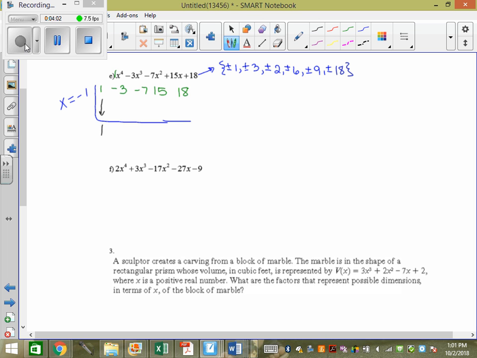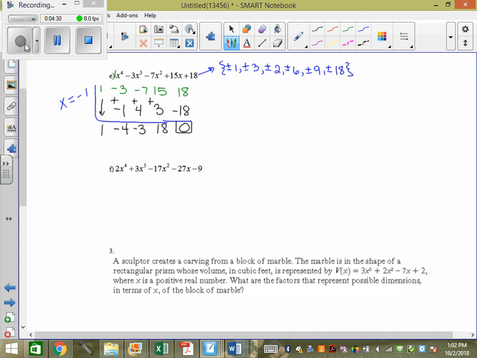Negative 1 times 1, negative 1. Add, negative 3 minus 1, negative 4. Multiply, negative 1, negative 4, positive 4. Add, negative 7 and positive 4, negative 3. Negative 1 and negative 3, positive 3. Add, 15 and 3, 18. Negative 1, 18 is negative 18, and I get a 0, and I'm happy.